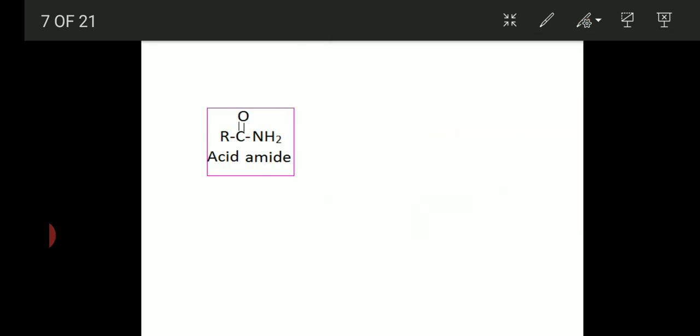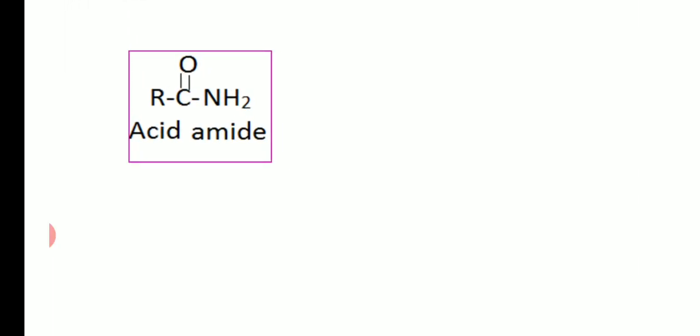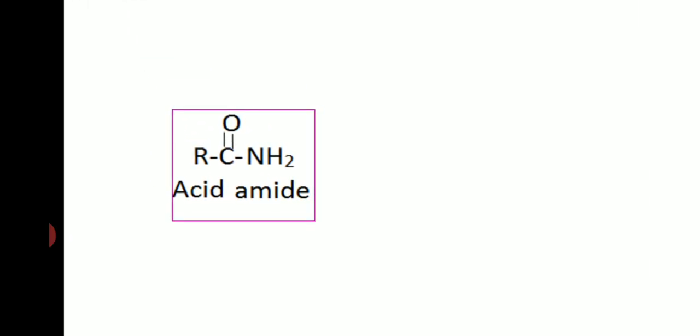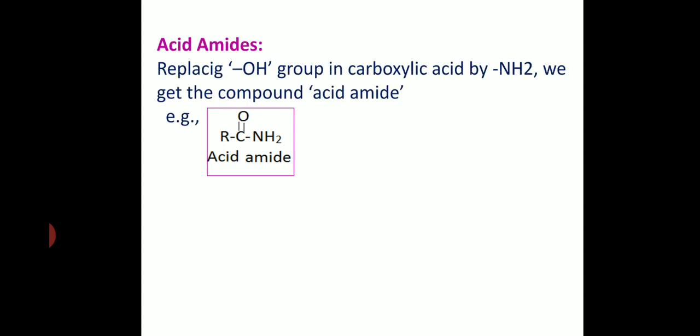And now the third derivatives are acid amides. Acid amide: RCONH2. This is pronounced as acid amide. In general we call them amides also. How do they arise? Replacing the OH group in carboxylic acid by NH2, we get the compound acid amide.